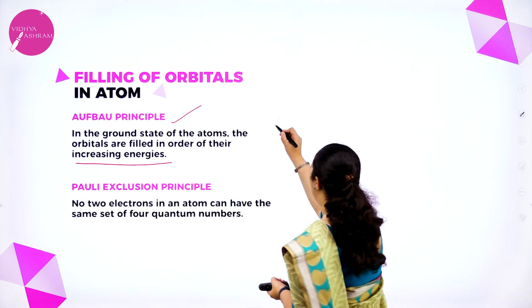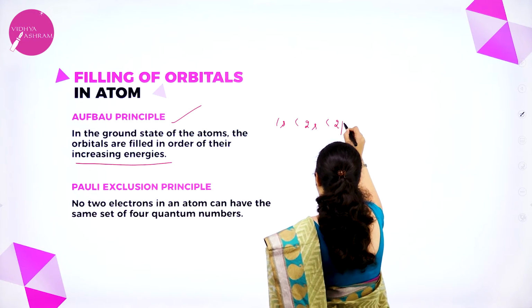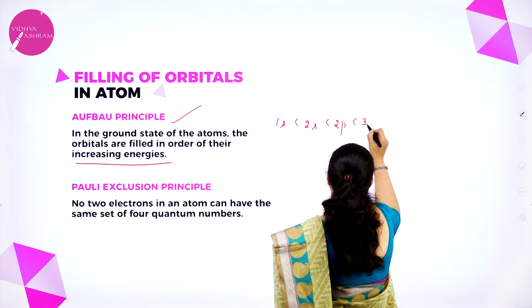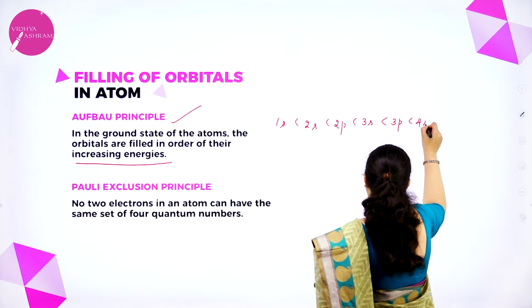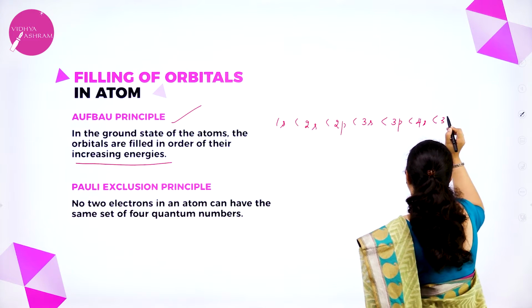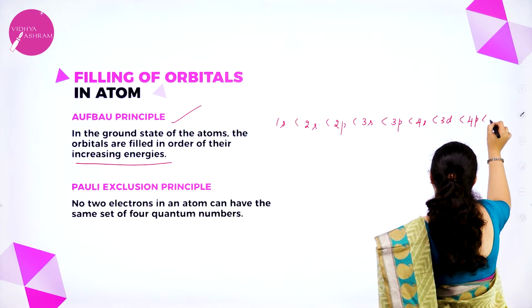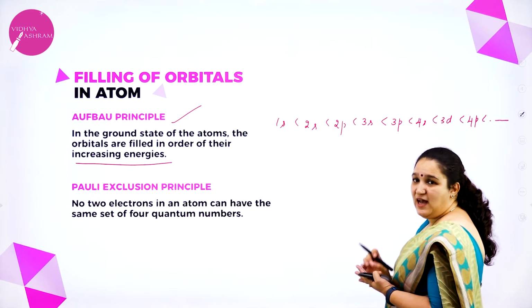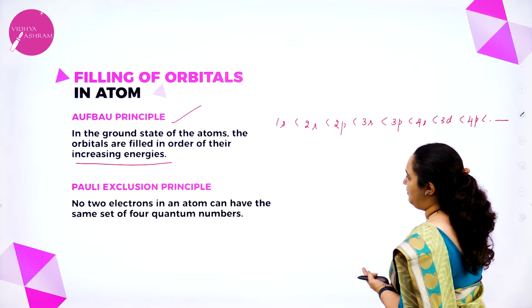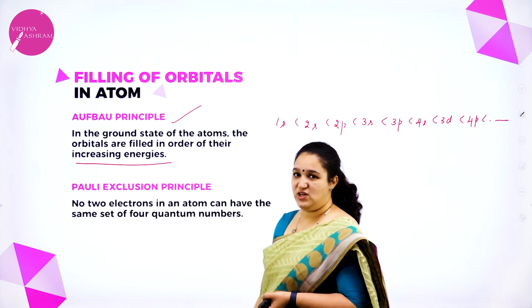That is 1s is filled, then 2s, then comes 2p, then we have 3s, then 3p, then 4s, then 3d, then we have 4p and so on. So the electrons have to be filled in these orbitals in their increasing order of energies.